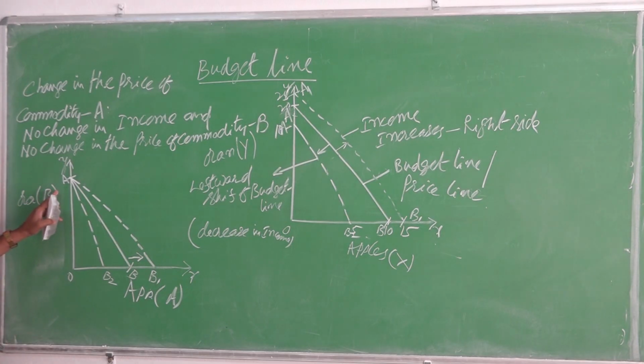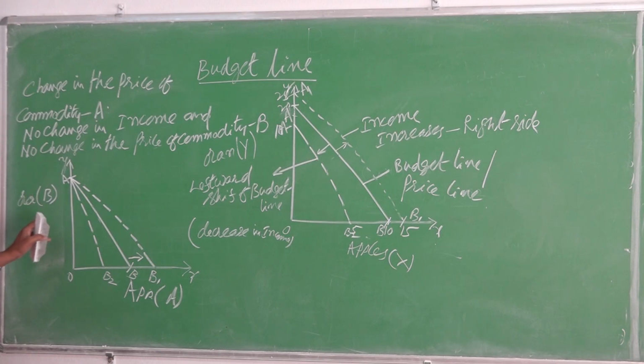The same can be done with the help of oranges also. No change in the price of apple and no change in the income. So, this person can purchase more and less of oranges.